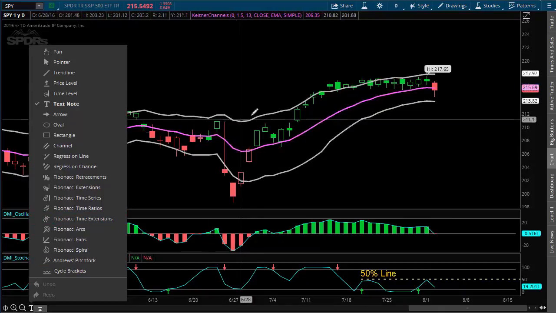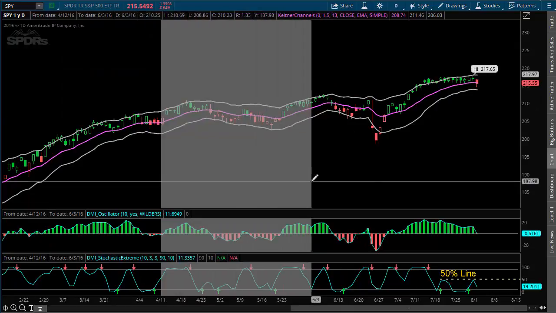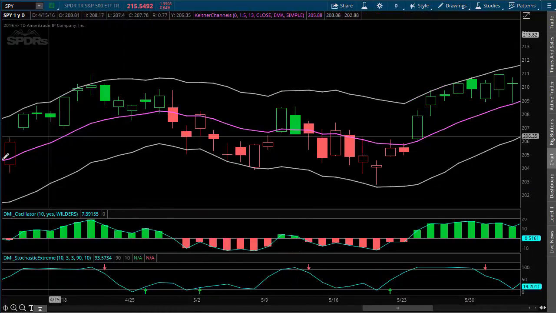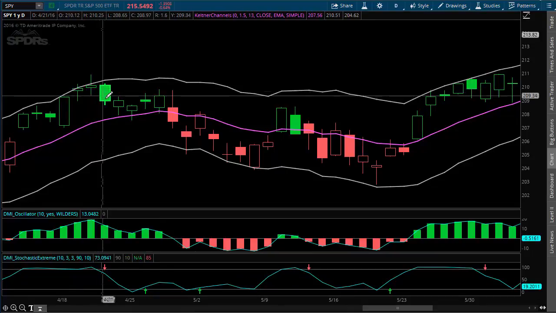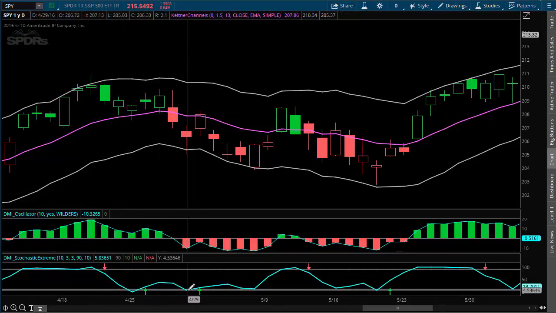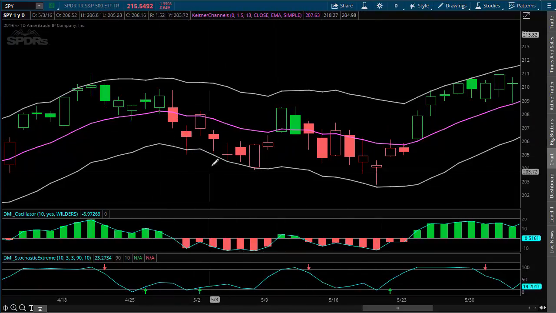Just to show you the last couple of times this happened, here's another example where it was a very bullish market. It pulled back, and then it failed, came back to here, and that ended up being a 2 or 3 week pullback stagnation.